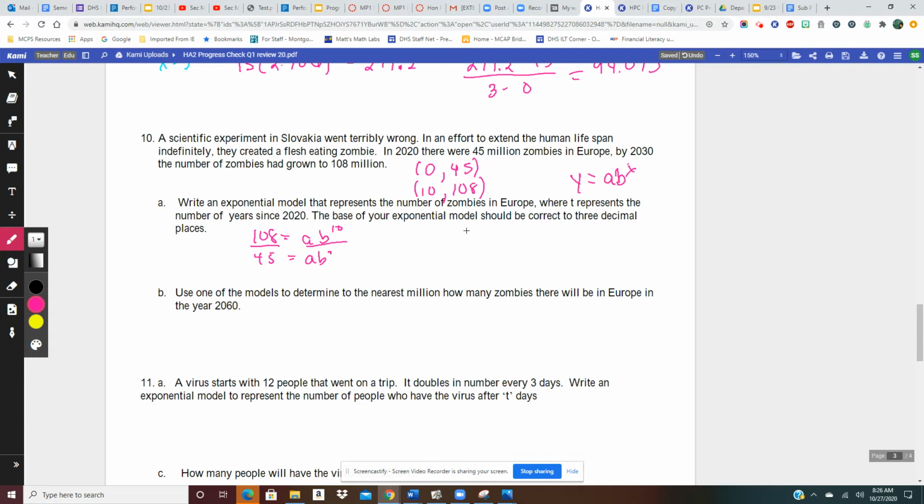So you get 2.4. The a's cancel out, and you get b to the 10th. So you're going to take 2.4 to the exponent of 1/10. So 2.4 exponent parentheses 1 divided by 10. And I get 1.091. Let's do this.